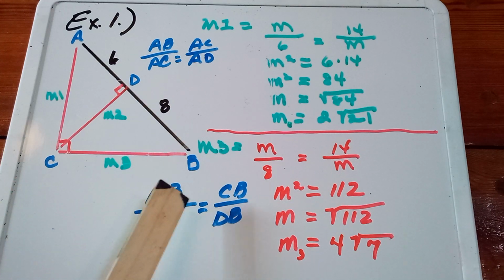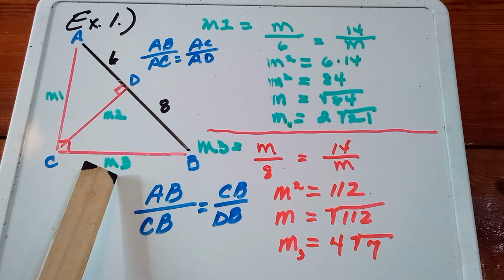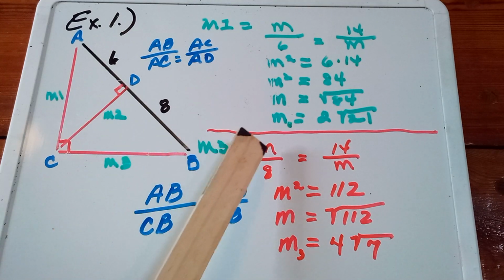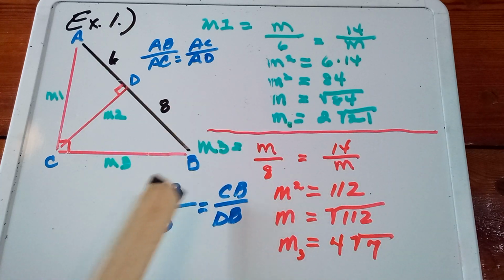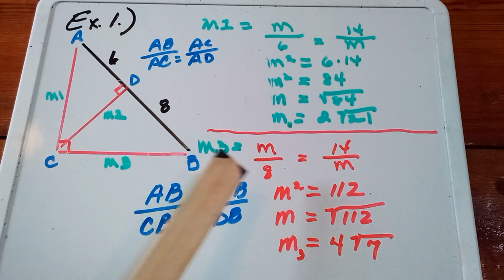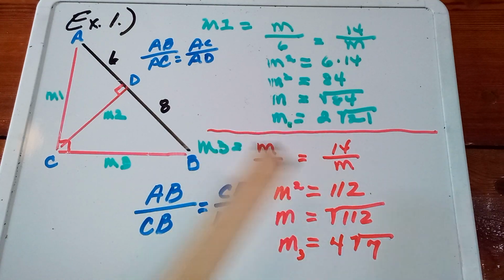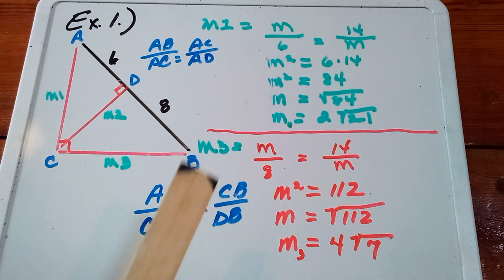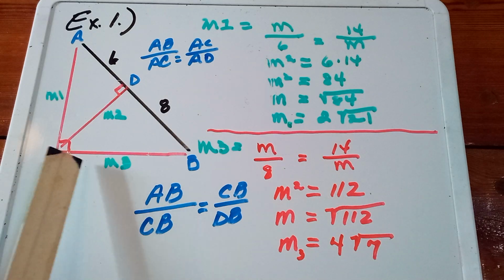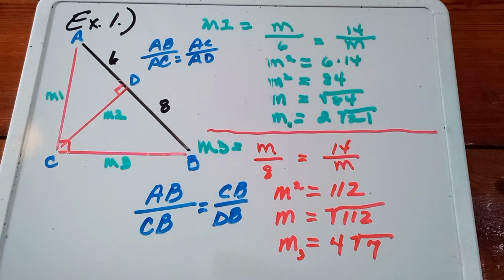So here's our setup. We are again solving for M3. So here's that leg right here. Again, they're opposed to one another. My other two values are DB and AB, 8 and 14. Again, we cross multiply, M3 becomes squared, take the square root, and we end up with 4 times the square root of 7 is equal to that leg right there.